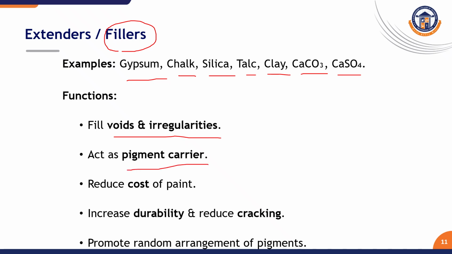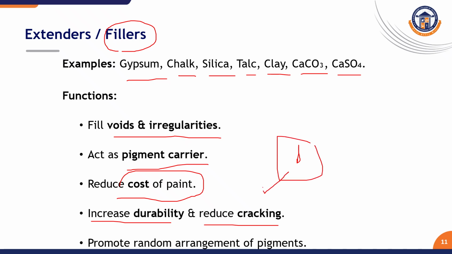They reduce the cost of the paint, increase durability, and reduce cracking. You know that paint forms cracks on a wall surface; this can be reduced by the fillers. They also promote random arrangement of pigments.